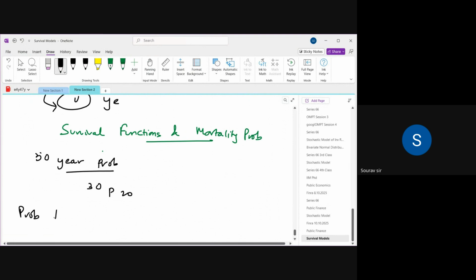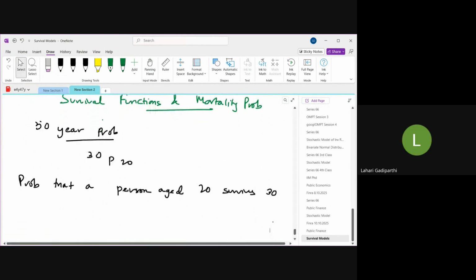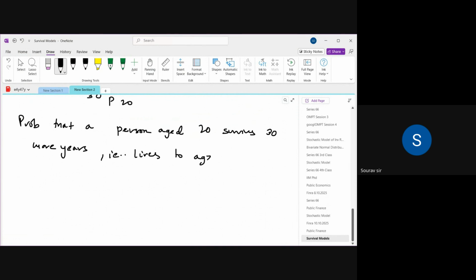I told you, the probability that a person aged 20 survives 30 more years. Correct. That is, lives to age 50.